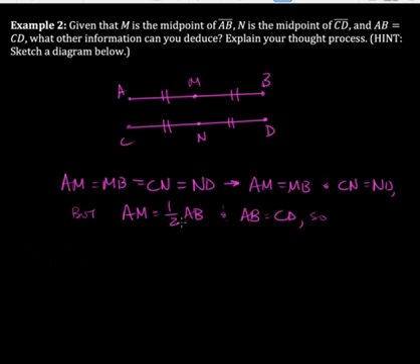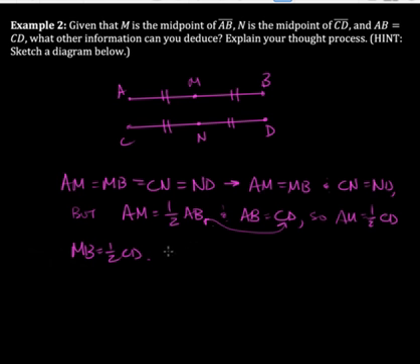So if I turn this AB into a CD, AM is half of CD. You can see all I did here was I substituted these two things for one another. Because AB is equal to CD, I can turn this AB into a CD. So AM is half of CD. If AM is half of CD, that means MB is half of CD.